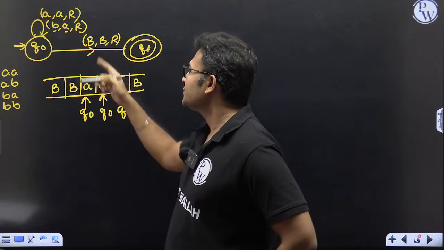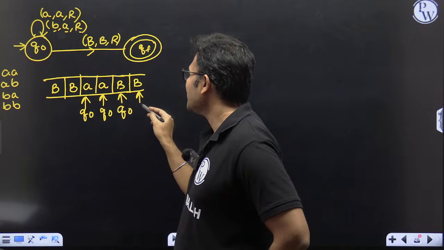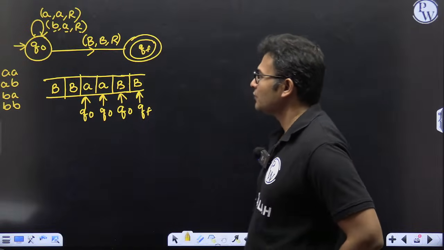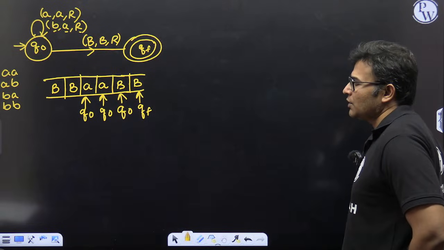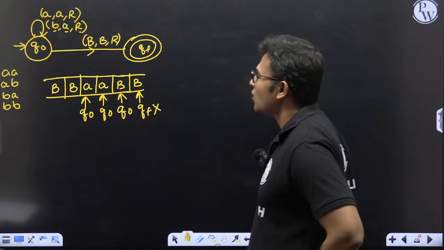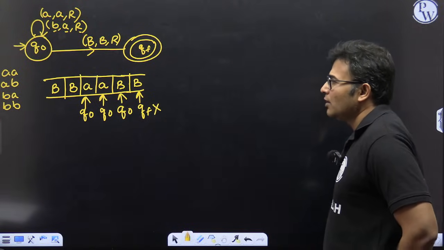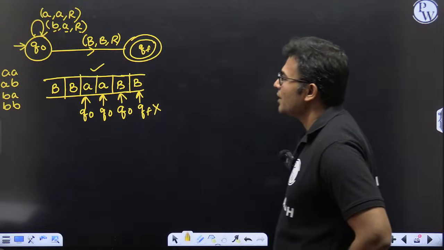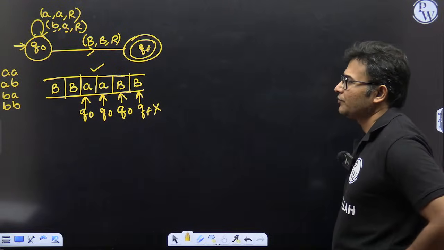And Q0 on seeing a blank will move right and enter QF. QF doesn't have any transition defined, so this is a dead configuration and the machine will halt in QF. Therefore, AA is accepted, right?